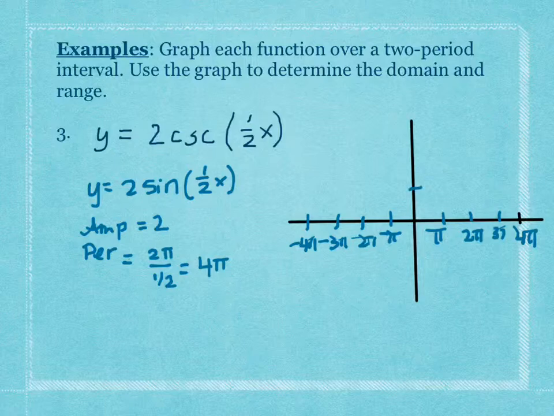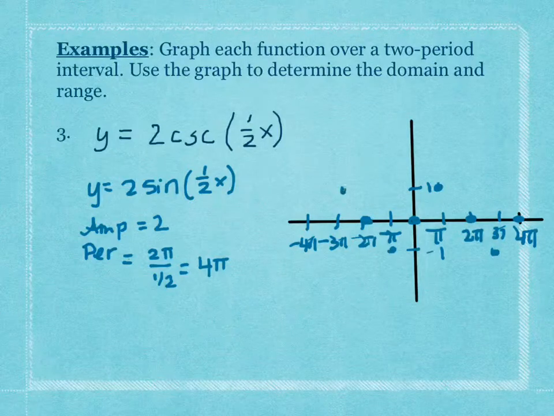I go up to 1 and down to negative 1. And I'm going to plot my sine curve. My sine curve starts at the origin, up to a maximum, back to the x-axis, down to a minimum, and then back to a maximum. On the left-hand side, we go to a minimum first, x-axis, maximum, x-axis. And my guide curve in blue looks like this.